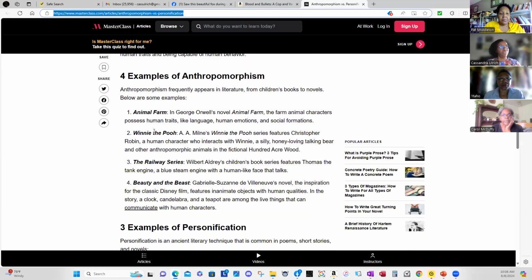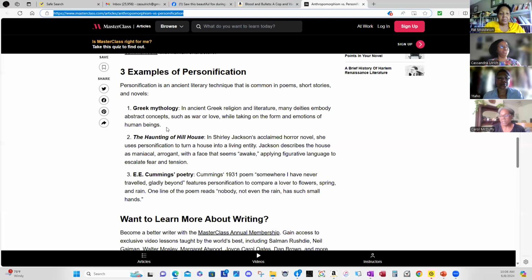And they gave some examples of books: Animal Farm, Winnie the Pooh, Beauty and the Beast. Those are examples of anthropomorphism. And then personification: Greek mythology, Haunting of Hill House, and E.E. Cummings poetry.